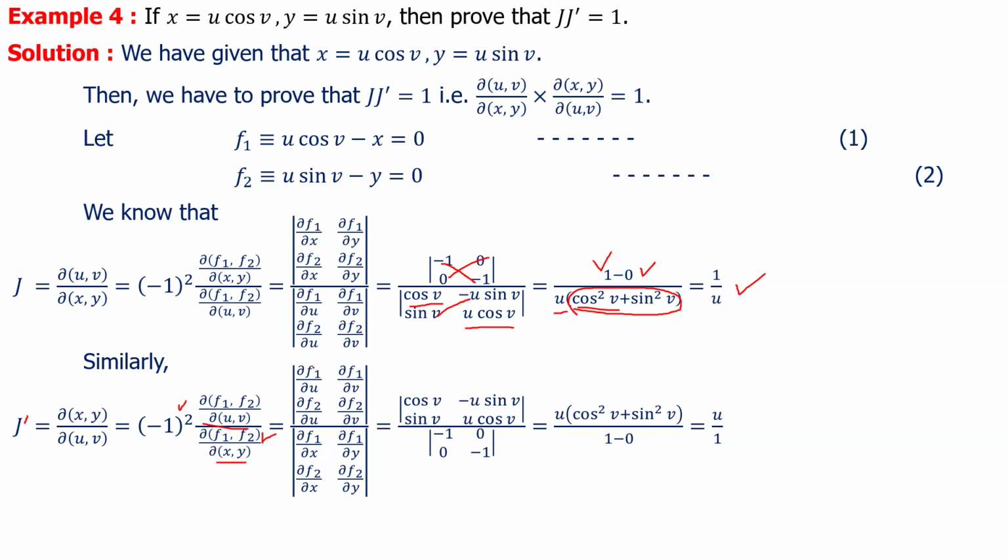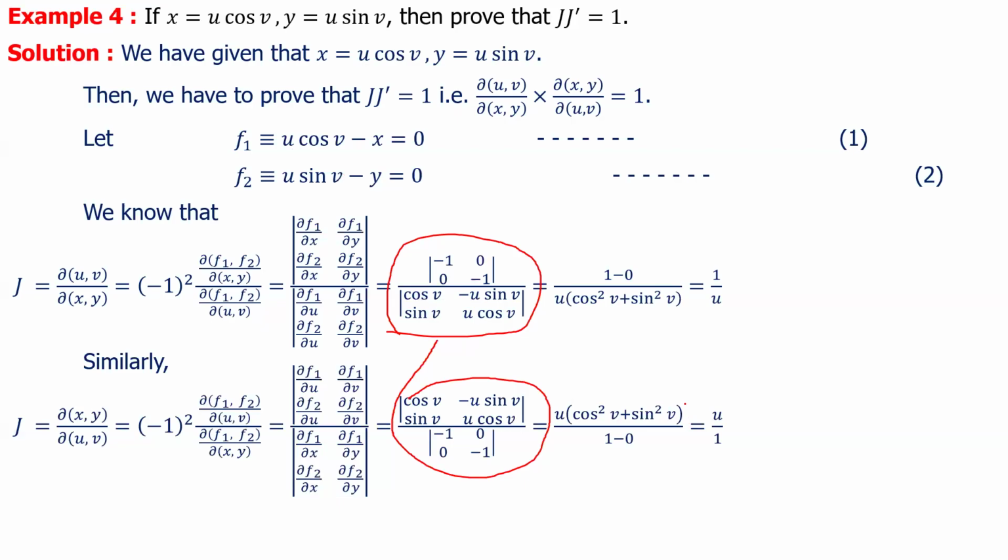And if we use the formula, determinant of del f1 del u, del f1 del v, del f2 del u, del f2 del v divided by determinant of del f1 del x, del f1 del y, del f2 del x, and del f2 del y. Now we have already calculated all these values in the previous example. So we just have to reverse the numerator and denominator, and we have the same type of answers, only the numerator is replaced by the denominator. So it is u by 1.